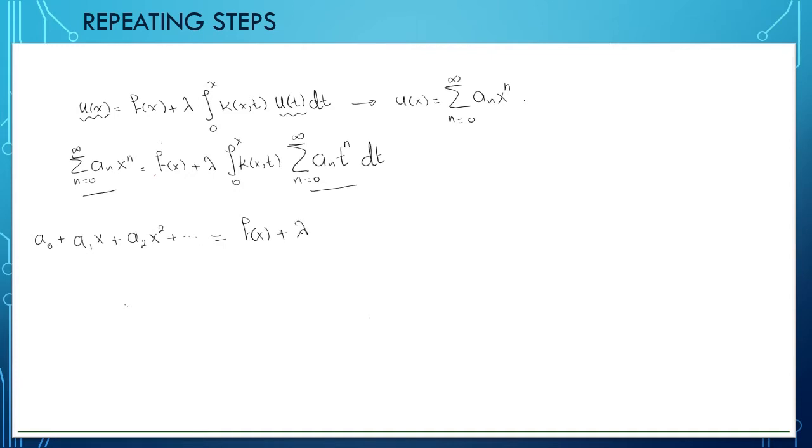plus lambda. We can get out summation n from 0 to infinity a n because it's all constant, from 0 to x k of x and t t raised to n dt.